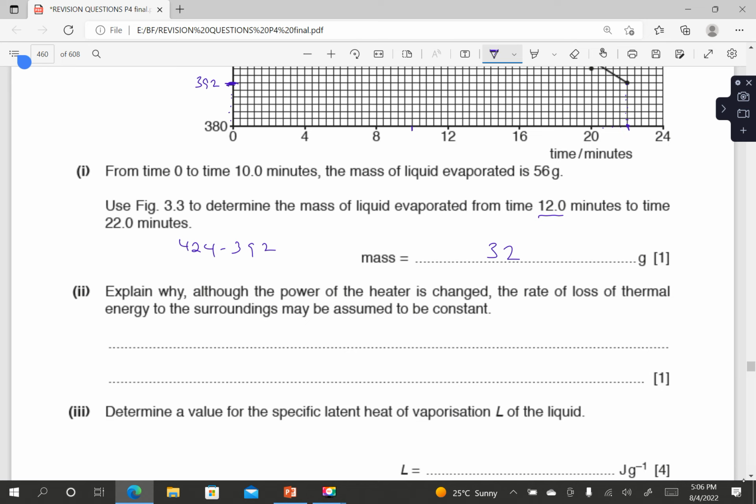Explain why, although the power of the heater is changed, the rate of loss of thermal energy to the surroundings may be assumed to be constant.